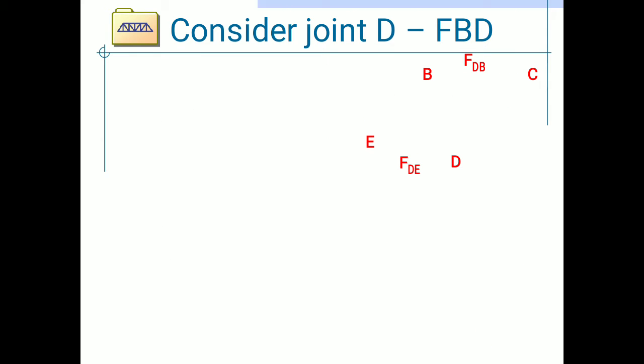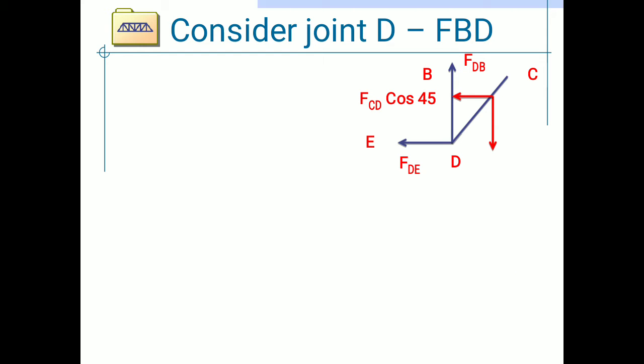Now consider joint D and draw a free body diagram at joint D. This is the free body diagram at joint D. At joint D, three members are connected, which are DE, DB and DC. The member DC is inclined, so resolve that member into two components, horizontal and vertical.